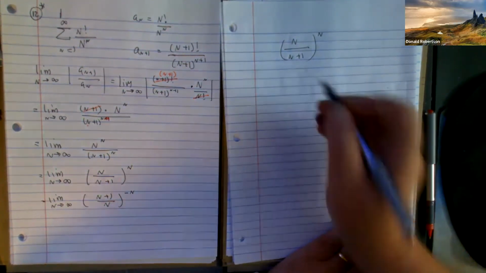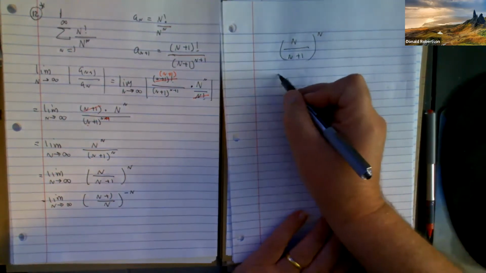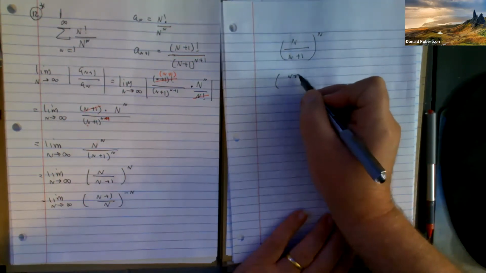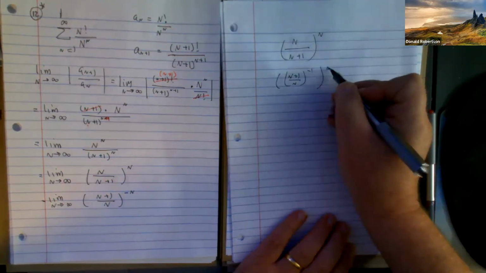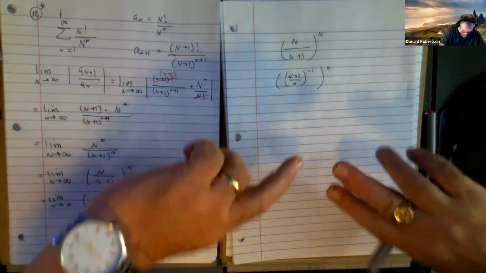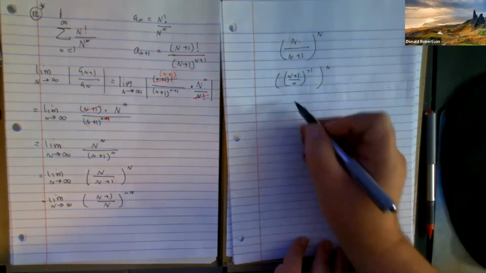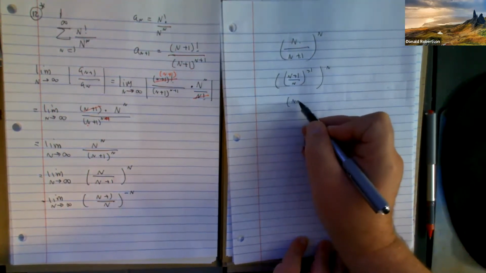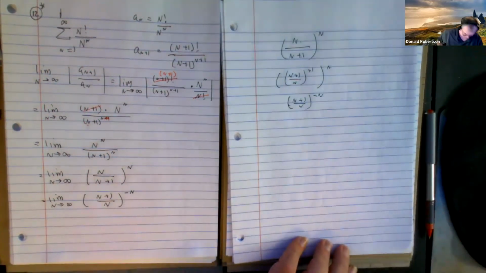And what I'm going to do then is I'm going to call it n plus 1 over n to the minus 1 to the n. Now, if you stick a minus 1 in something, you're turning it upside down. Reciprocal. And a guy to the minus 1 raised to the n gets you that.